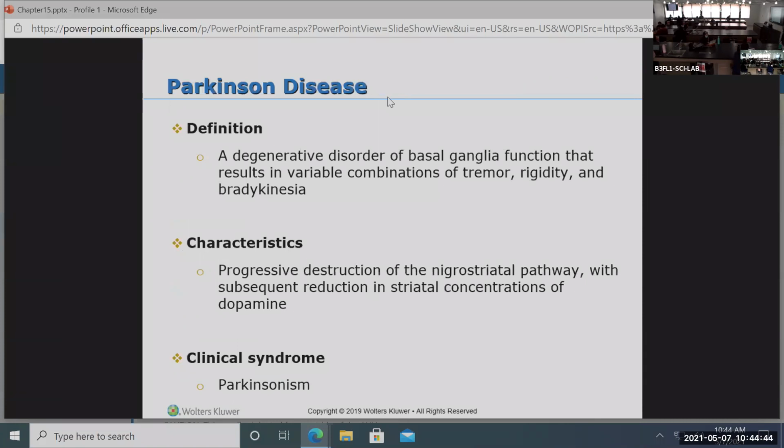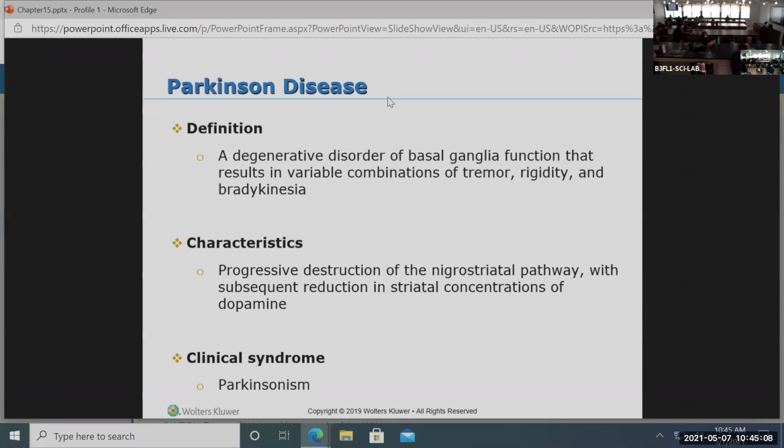Parkinson, I already mentioned a couple of times. Parkinson disease affects my basal ganglia. It's a degenerative disorder of the basal ganglia function that results in variable combinations of tremor, rigidity.